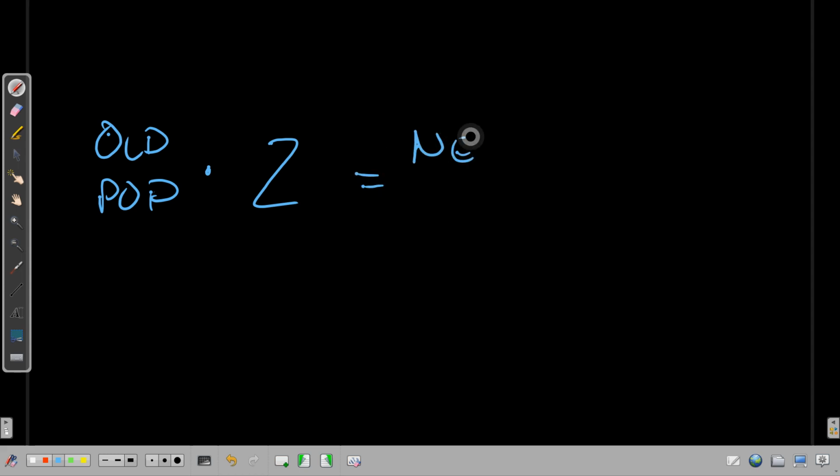Well, the population is doubling. So whatever the previous population was, if I multiply it by 2, it is doubled, and it is now the new population. And they said that it doubles every 10 years.